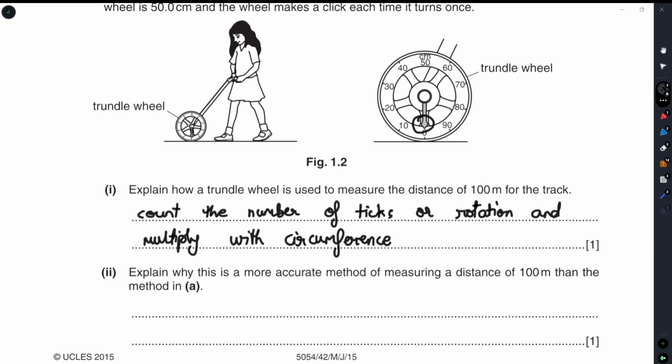So the number of ticks will tell you how many circumferences it is, and from there you can multiply with 2 pi r, the circumference of the trundle wheel, and figure it out.